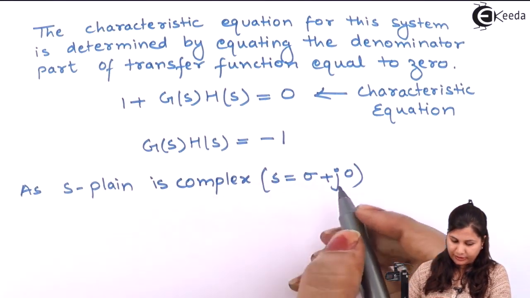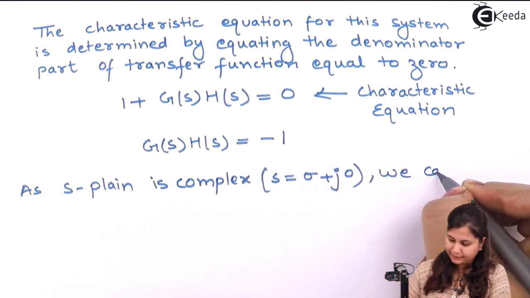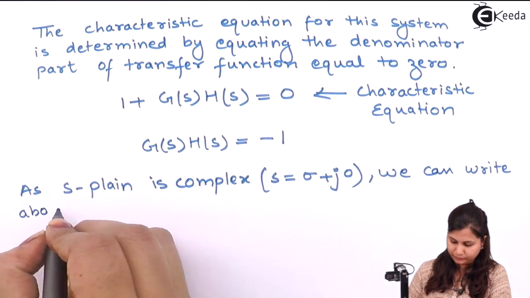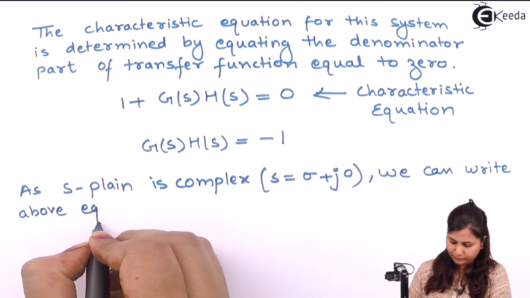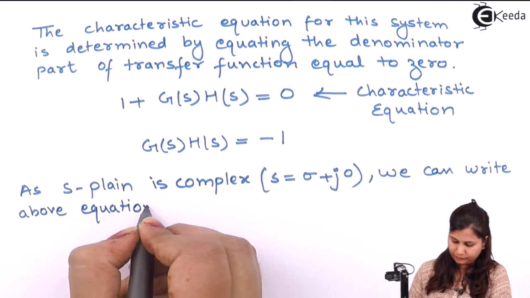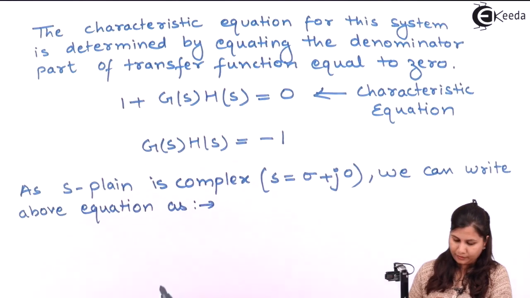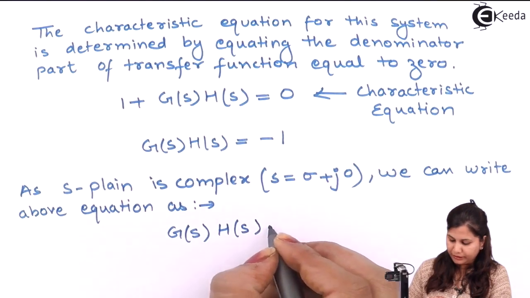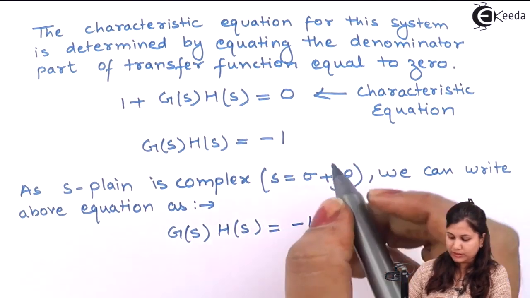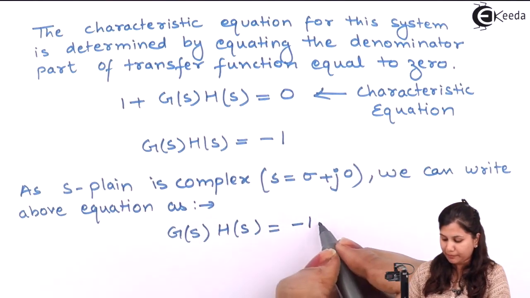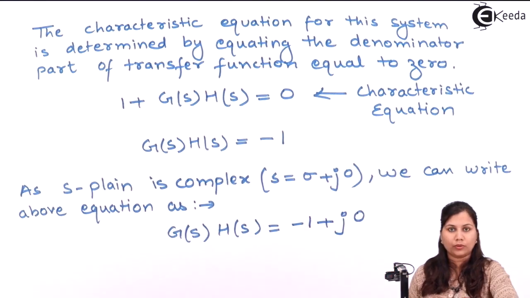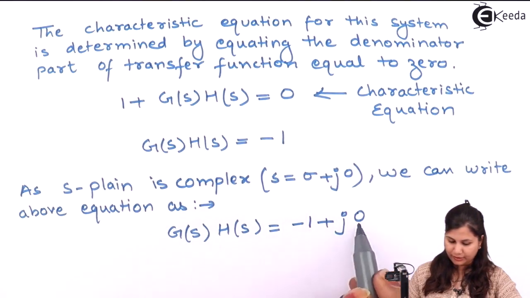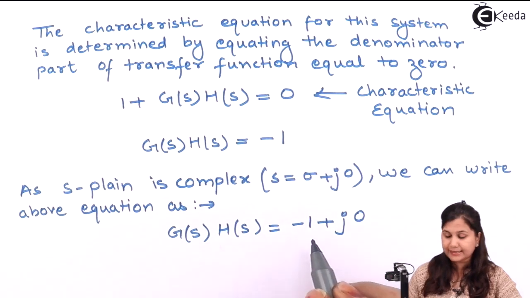So here we can write the above equation as G(s)H(s) equals minus 1 plus j0, because it is the real part and there is no imaginary part. Here we had sigma plus j omega, and omega here is 0, so we can write G(s)H(s) as this.